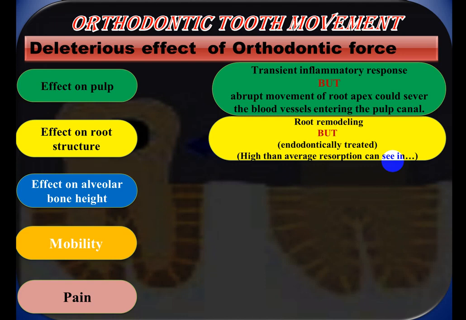If we have a distorted root form, they will be more susceptible to root resorption. If the tooth has a history of trauma, it will also be more susceptible to root resorption. If the root apex comes in contact with the cortical bone, it will also be more susceptible.